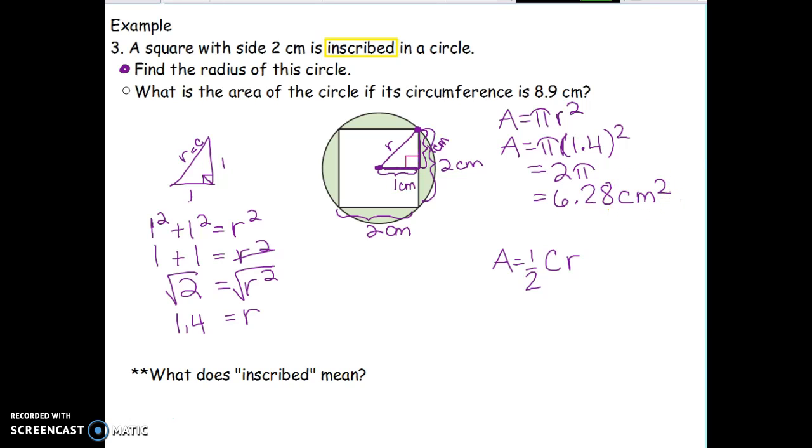centimeters squared. If we use this formula, we have 1/2 times the circumference, which we know is this 8.9, times the radius, which is 1.4.